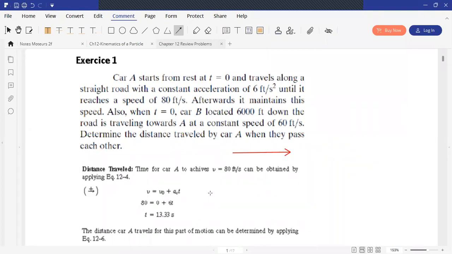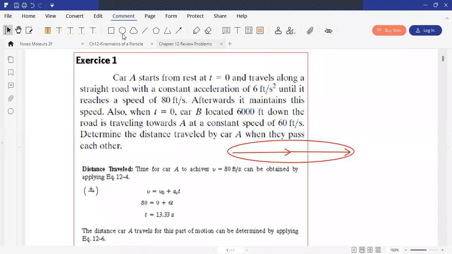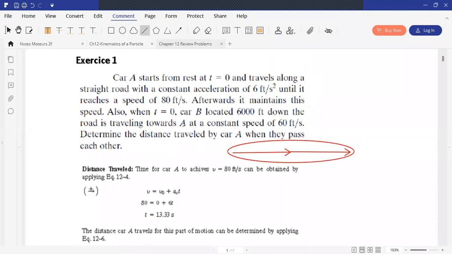Then, when I reach a velocity of 80 feet per second, I will maintain my constant speed and go through a second phase. So for A, you should divide your calculation into two phases, phase 1 and phase 2. This is the motion of A, divided into two phases.